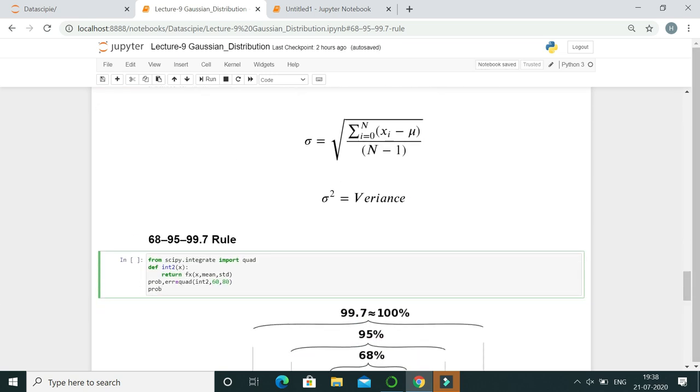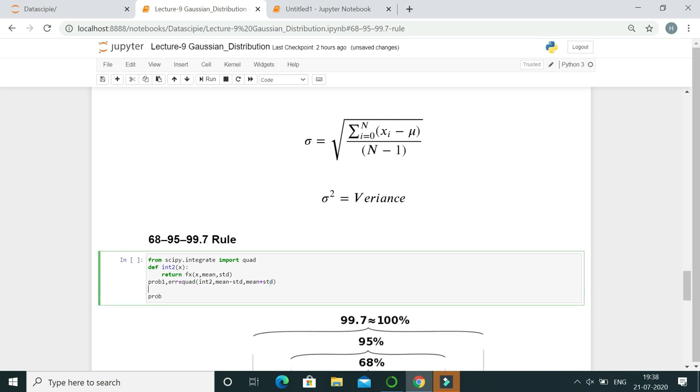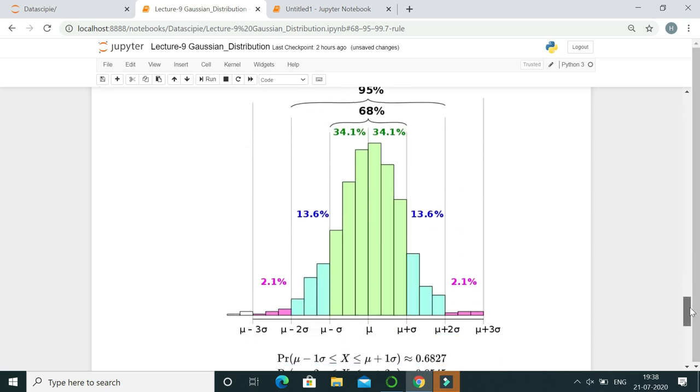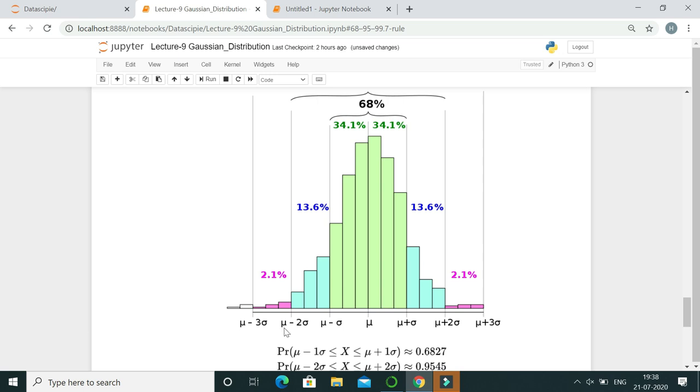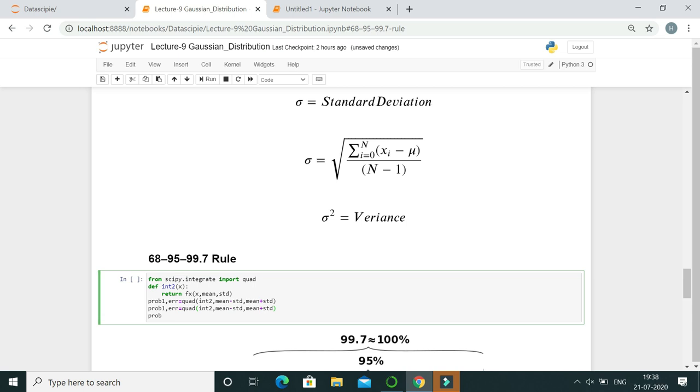For that, replace 60 and 80 by mean minus std and mean plus std, and call it probability 1. Similarly, for the second case, we have to take a range from mu minus 2 sigma to mu plus 2 sigma. So just replace it with 2 into std and specify it as probability 2.